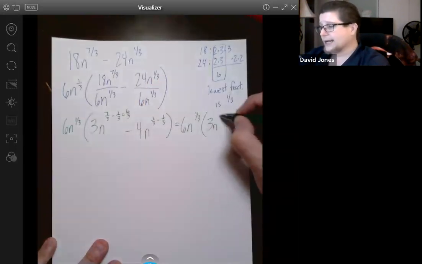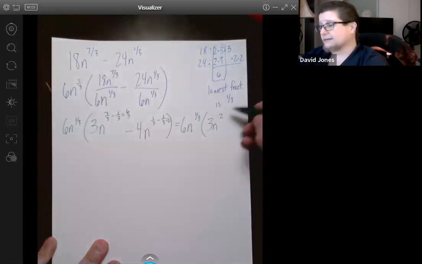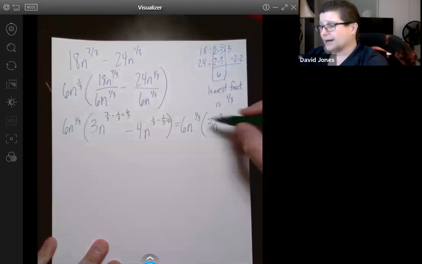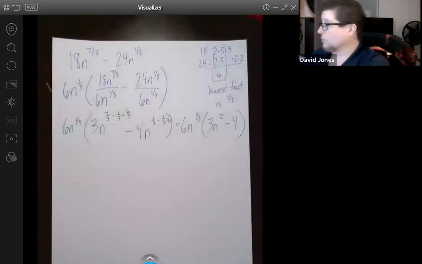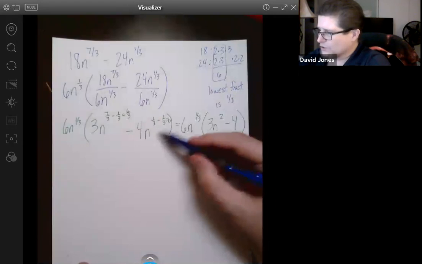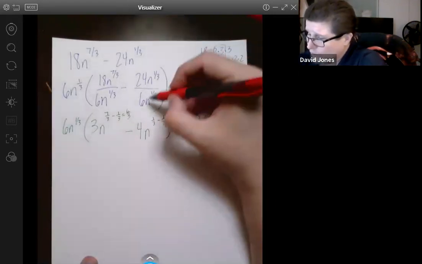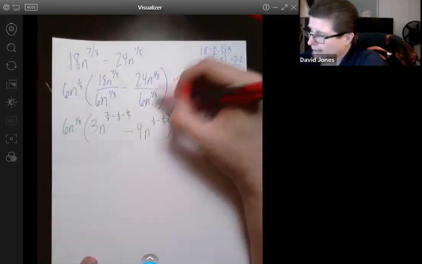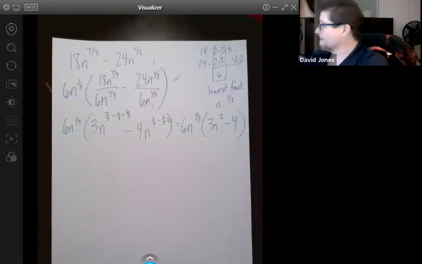So I get 3n squared. 1/3 minus 1/3 is 0. So I've got minus 4n to the 0. N to the 0 is 1, so I've just got minus 4. Another way to recognize that this n goes away: I've got n to the 1/3 on top and bottom, so I can cancel them out. Okay?